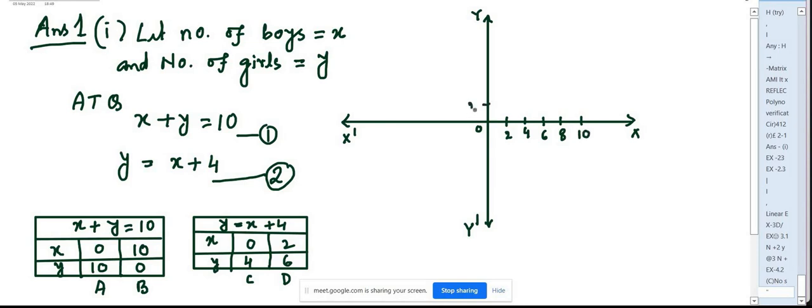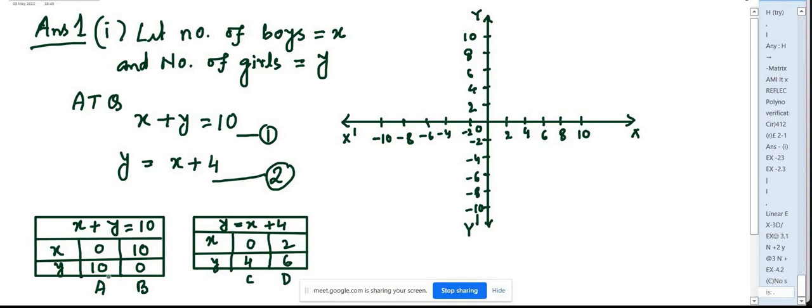Here 2, 4, 6, 8, 10, and this side minus 2, then minus 4, minus 6, minus 8, minus 10. Here minus 2, minus 4, minus 6, minus 8, minus 10.